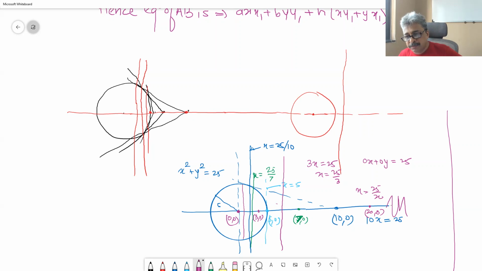And if you take the point (p, 0) with p tending to infinity, then the equation of chord of contact will be px is equal to 25, x is equal to 25 by p, with p tending to infinity, which is 0. So x is equal to 0 is your y-axis. So when the point is at infinity, the y-axis is the chord of contact.